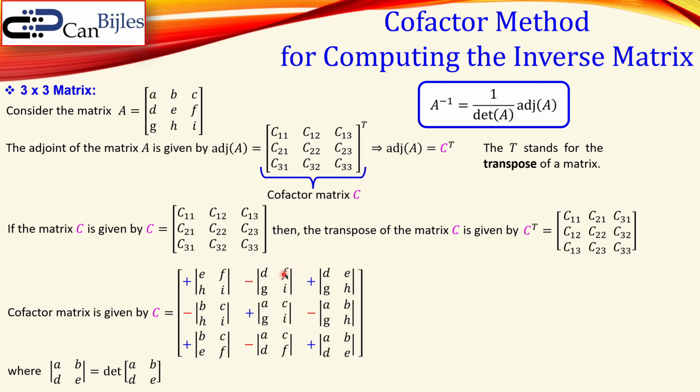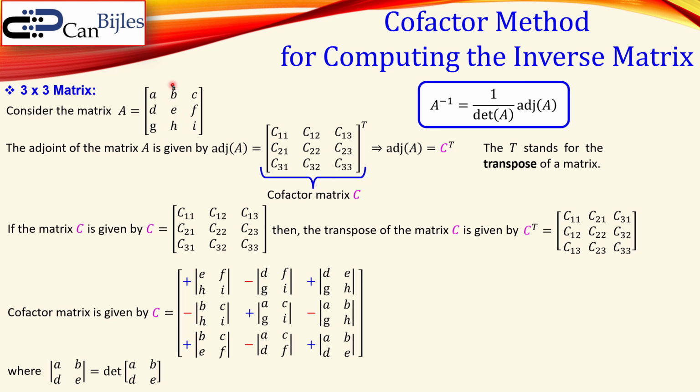How do I determine this second part? That's from this location. You cross over again the row and the column here, so the first row and second column. So you go here: this is C11, this is C12, this is C13, C21, C22, C23, C31, C32, and C33.